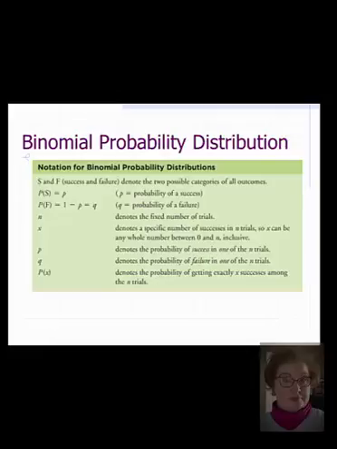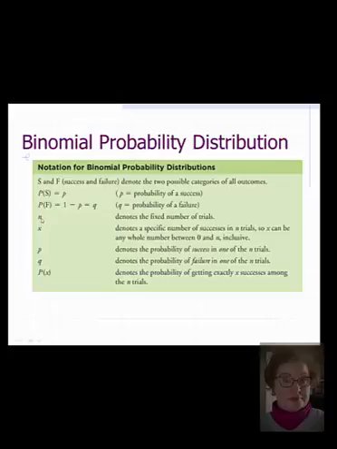Now here are some things that are important. The probability of a success is lowercase p, and I usually use a cursive p to stand for this because it is actually italicized. The probability of a failure is 1 minus the probability of a success, or it's q. So we're going to talk about p as the probability of success, q as the probability of failure.